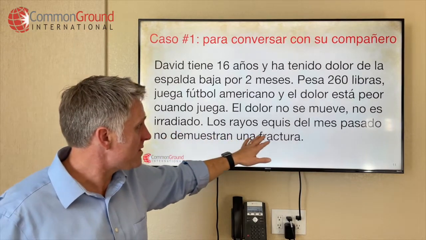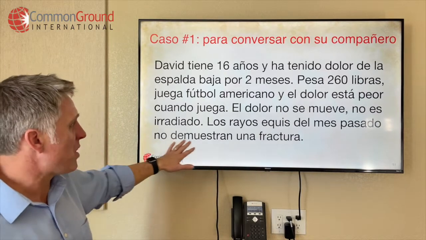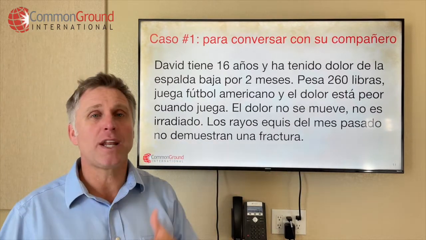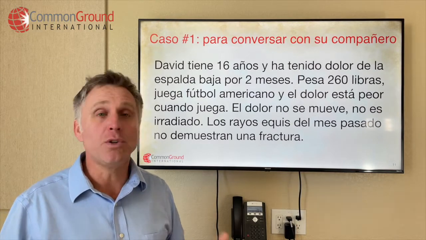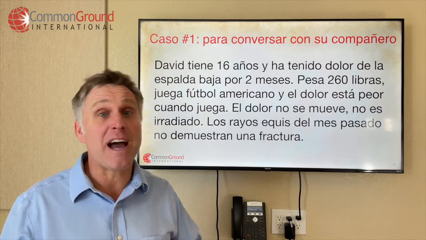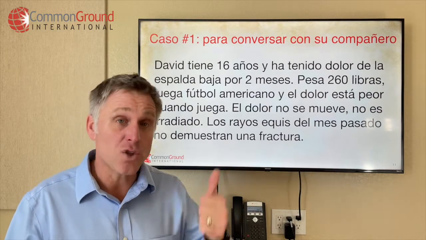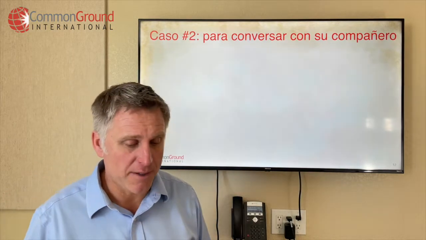Los rayos X del mes pasado, so the x-rays from last month, no demuestran una fractura. They don't show any kind of fracture, okay? So, David, paciente número uno. So when you do this with your partner, one of you is David, the other one is the professional asking the questions, talking about la historia, el dolor, and giving some descriptions about what's going on with his back.